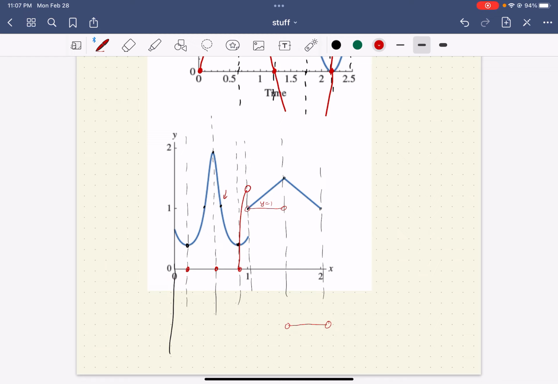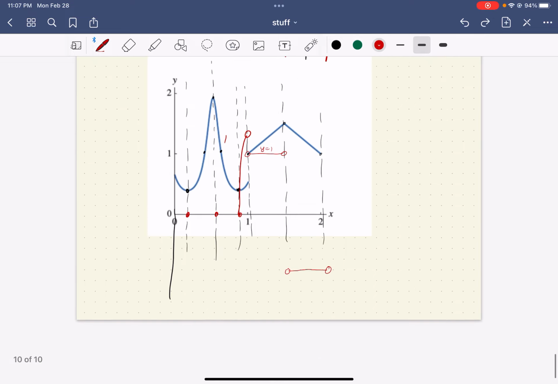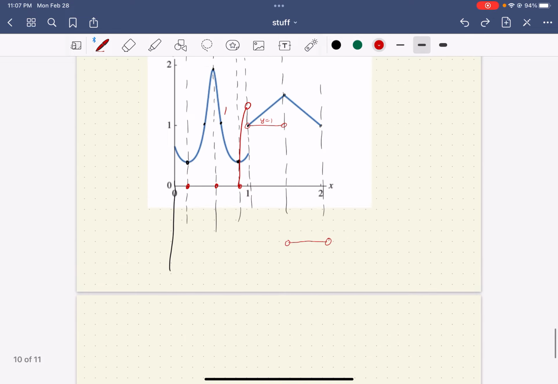So here's my steepest negative, and maybe it's -2. If this line segment was at y = -1, then -2 would be way down here. So I have to go from 0 down to -2, back up to 1.